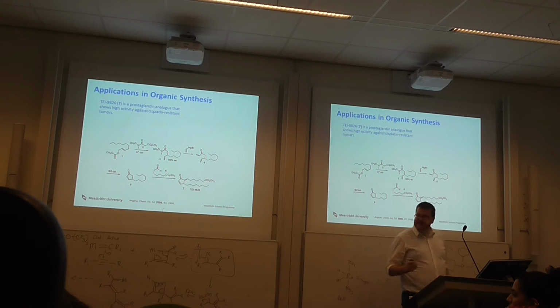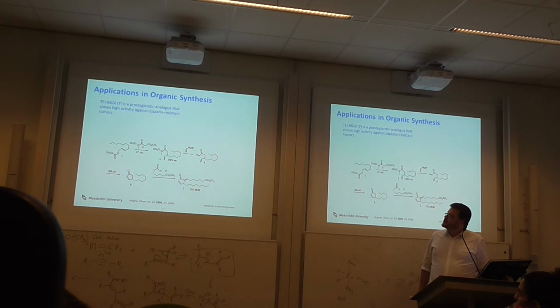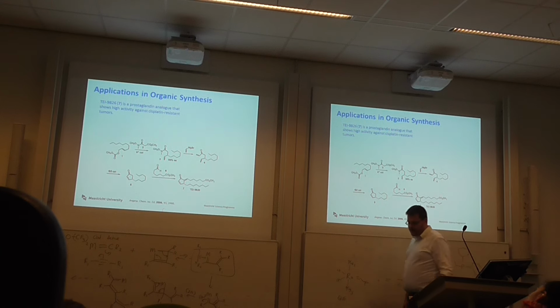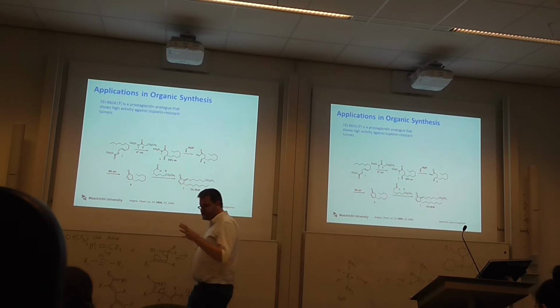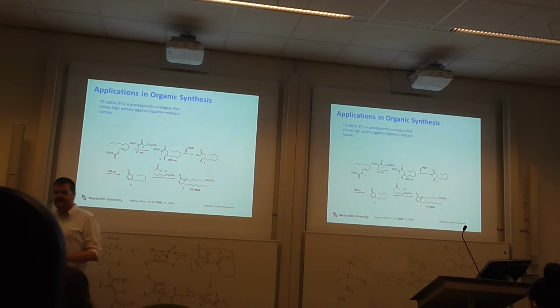Now, this specific prostaglandin here, this is a synthetic one, it so happens is active against a strain of cisplatin-resistant cancer. Now, some of you might know that one of the things that I'm kind of interested in pursuing now is a bit of ruthenium anti-cancer drug research here.